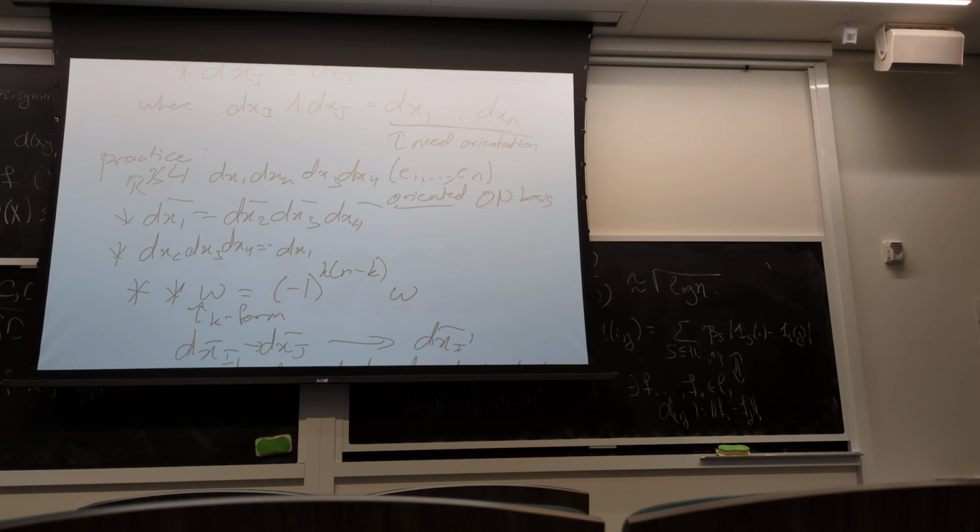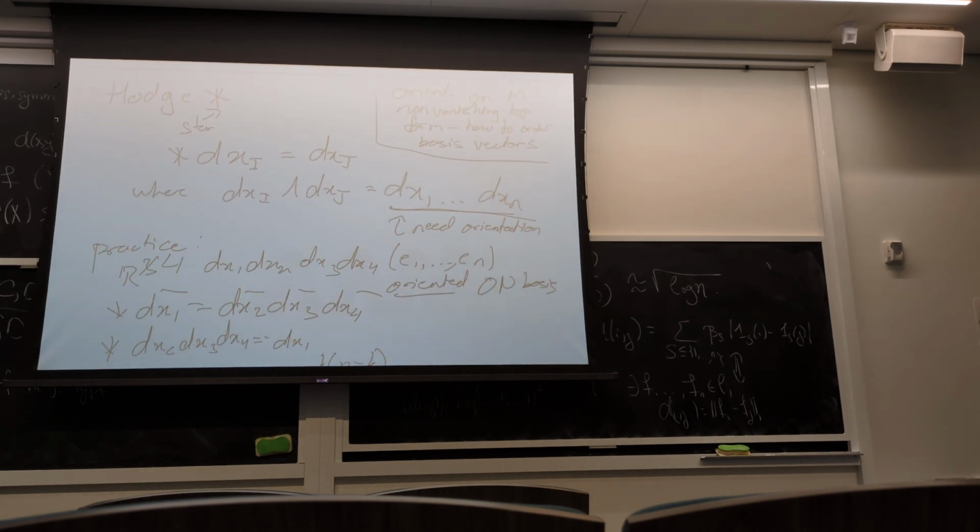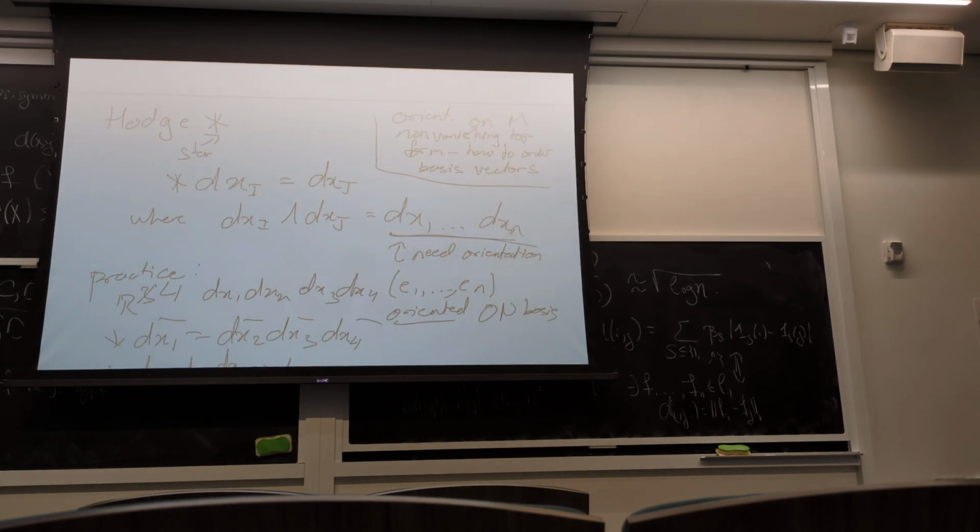Yeah, so this is a good point. Oh, I see. Okay. This has to be the orthonormal basis, so it's only invariant under isometric basis change. I was really confused about this because suppose I take 2 dx1, and I try to say that the star of it is the thing where if you wedge it, you get the volume form.